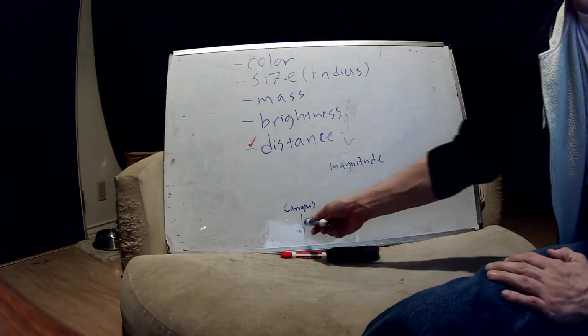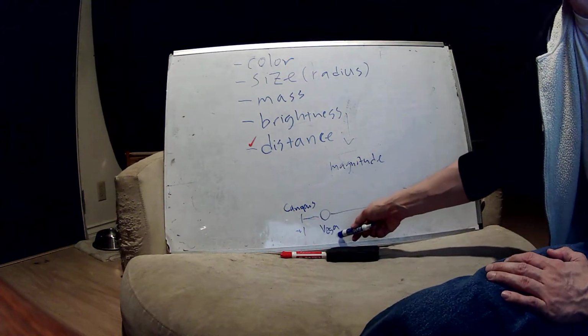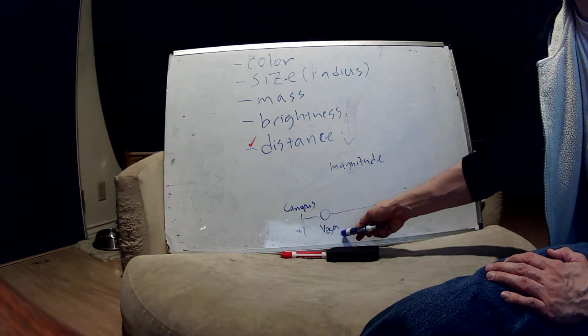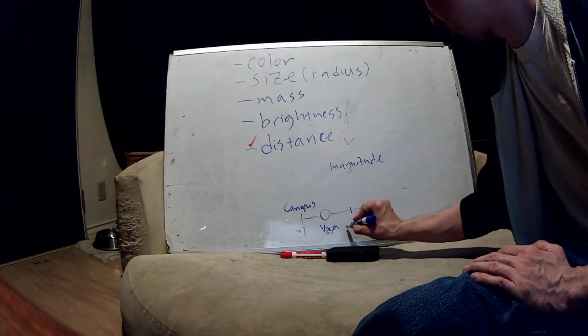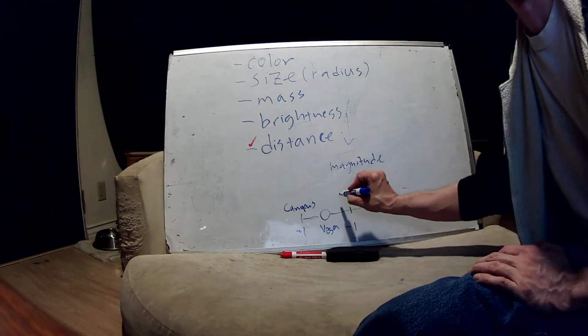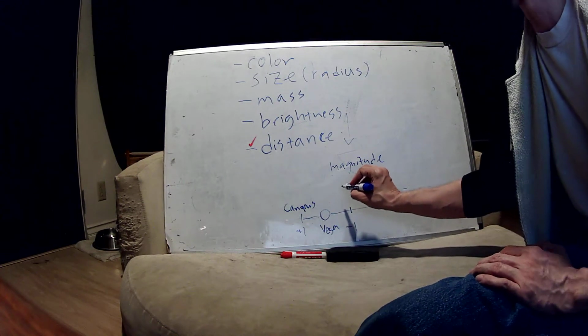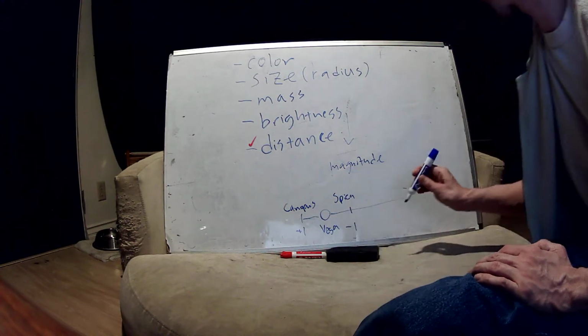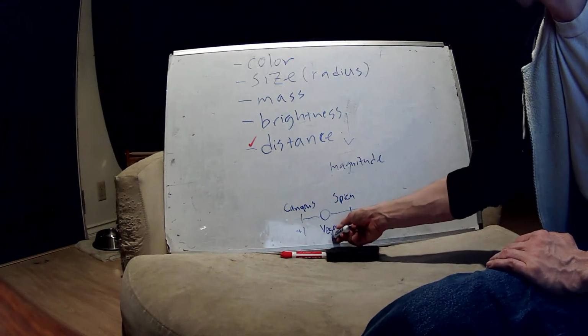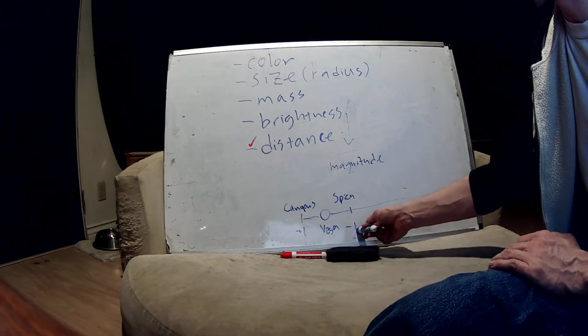Now, Canopus being +1 is 2.5 times brighter than Vega. Okay? And then here we've got a -1, and a good example of that is the star Spica. Vega is 2.5 times brighter than Spica.